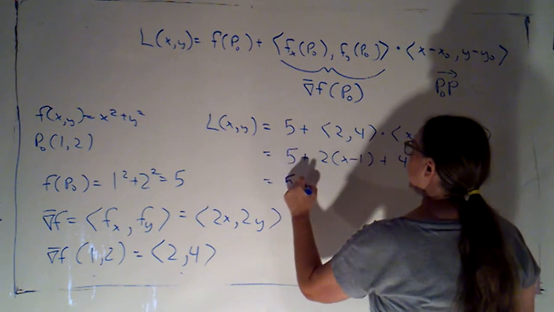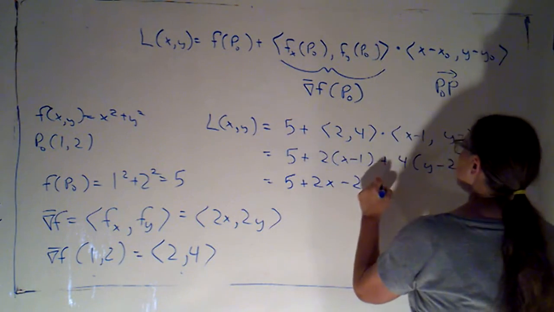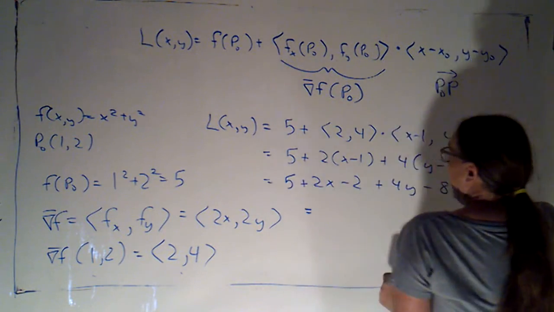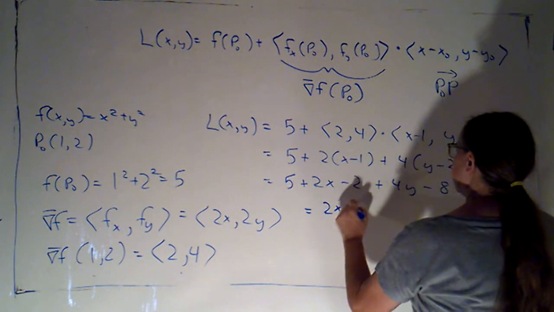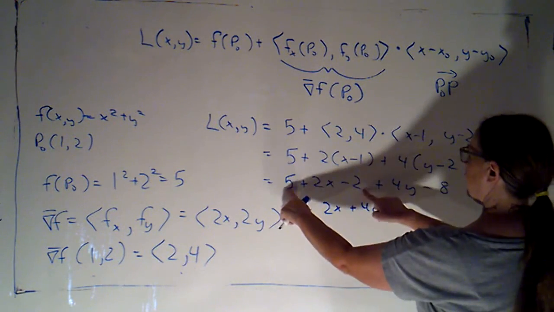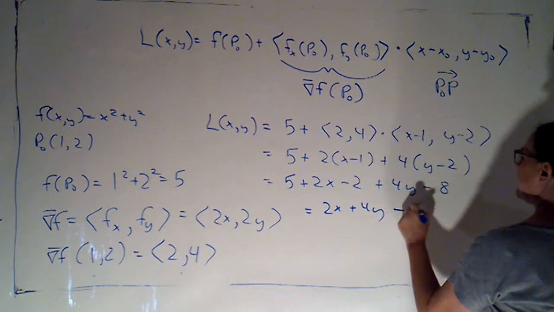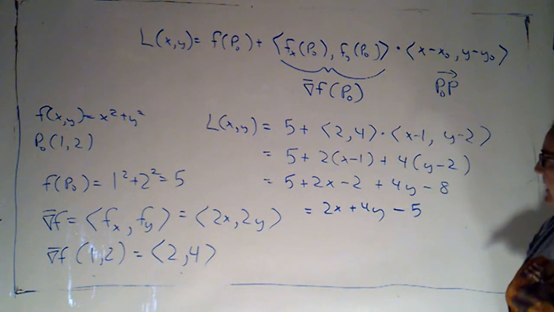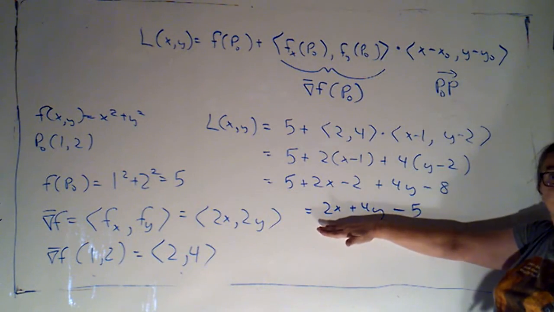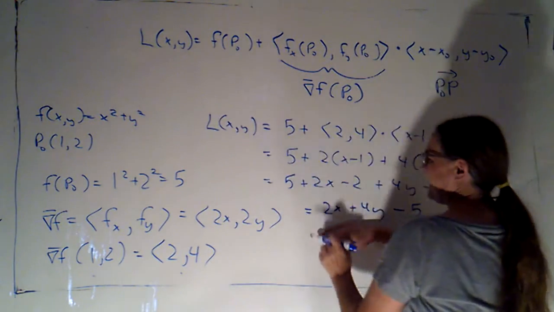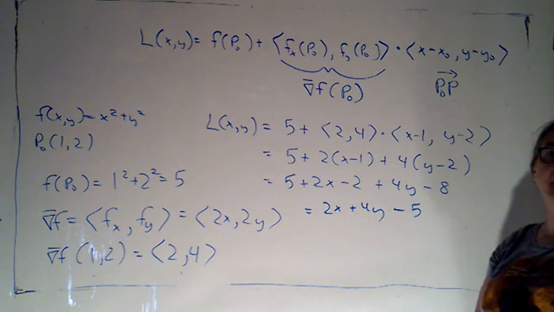That's 5 plus 2x minus 2 plus 4y minus 8. So that's 2x plus 4y, and then 5 minus 2 is 3, minus 8 is negative 5. Now that's definitely an equation for a plane. z, which is what L of (x, y) is just a fancy name for, is 2x plus 4y minus 5.